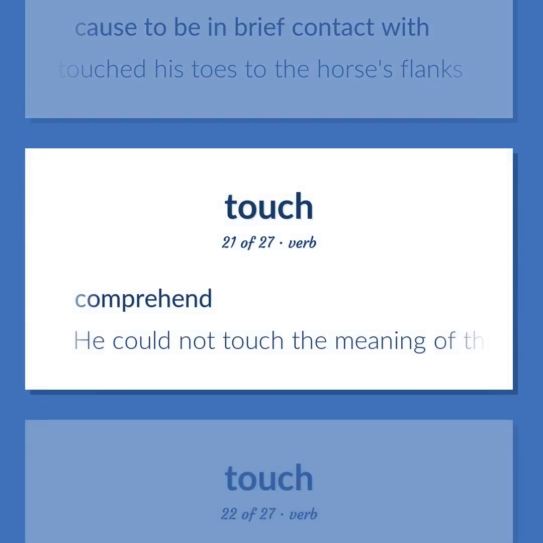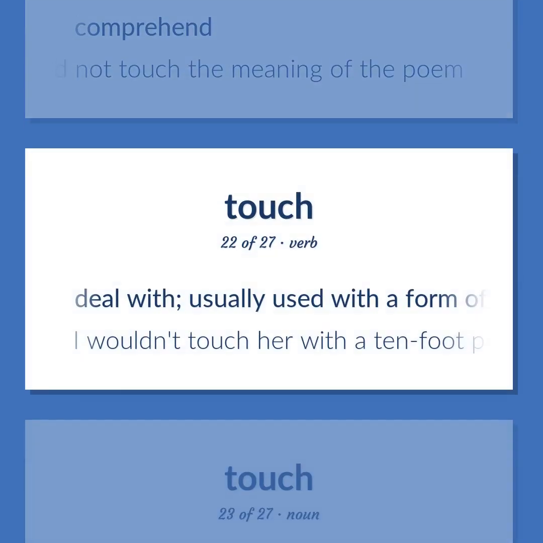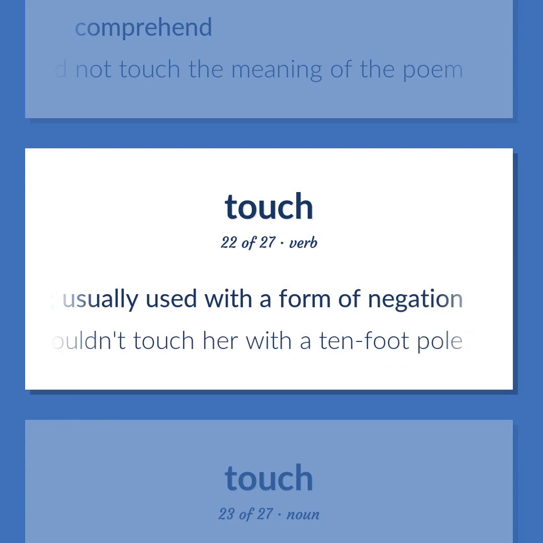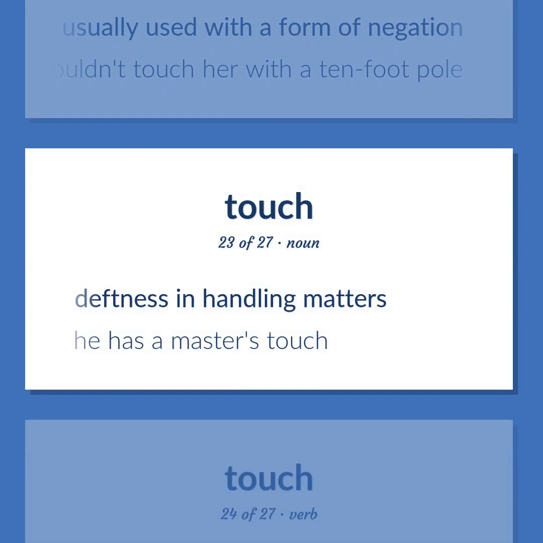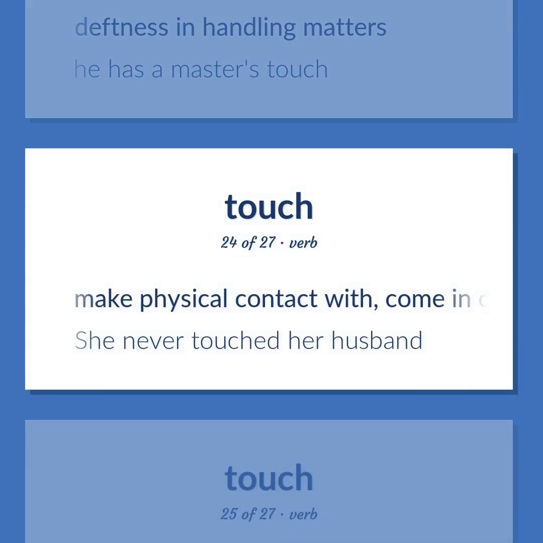Comprehend. He could not touch the meaning of the poem. Deal with. Usually used with a form of negation. I wouldn't touch her with a 10-foot pole. Deftness in handling matters. He has a master's touch. Make physical contact with. Come in contact with.